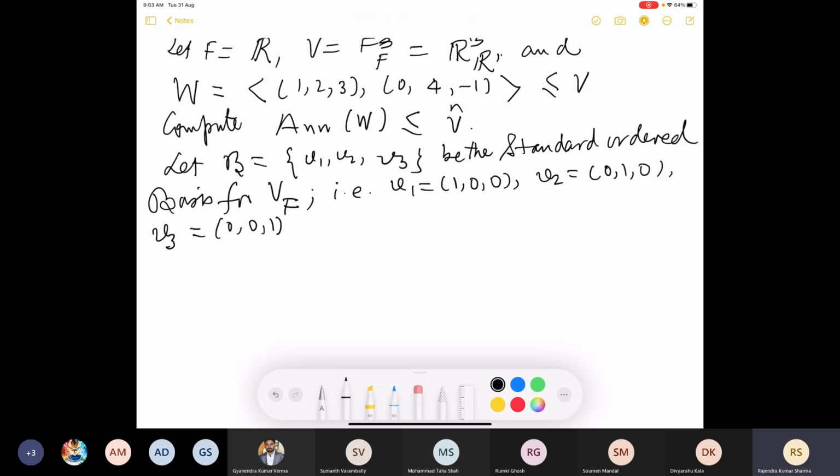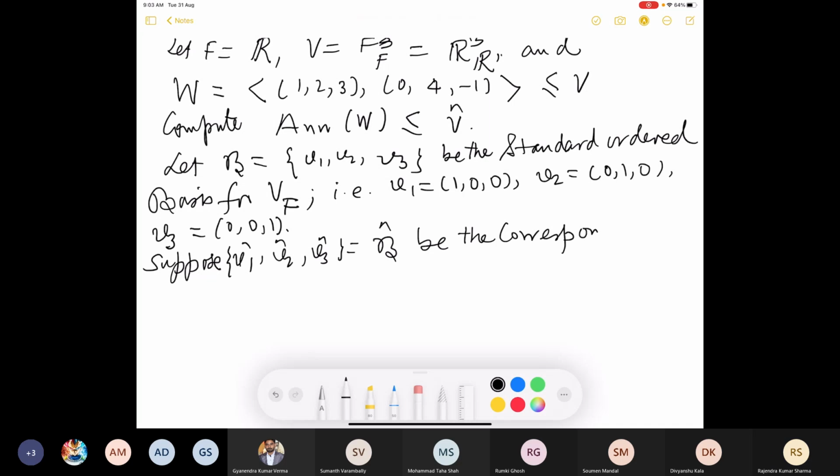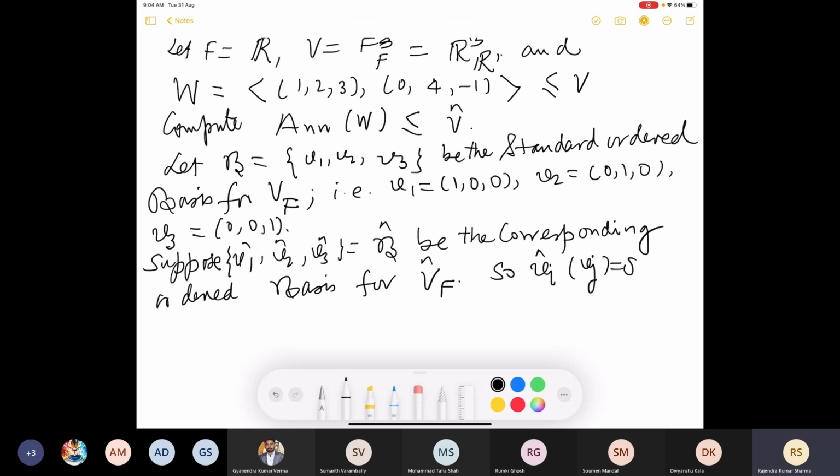Correspondingly, suppose V1 hat, V2 hat, V3 hat, this is B hat, is the corresponding ordered basis for V hat over F. So we know that Vi hat on Vj is delta ij.